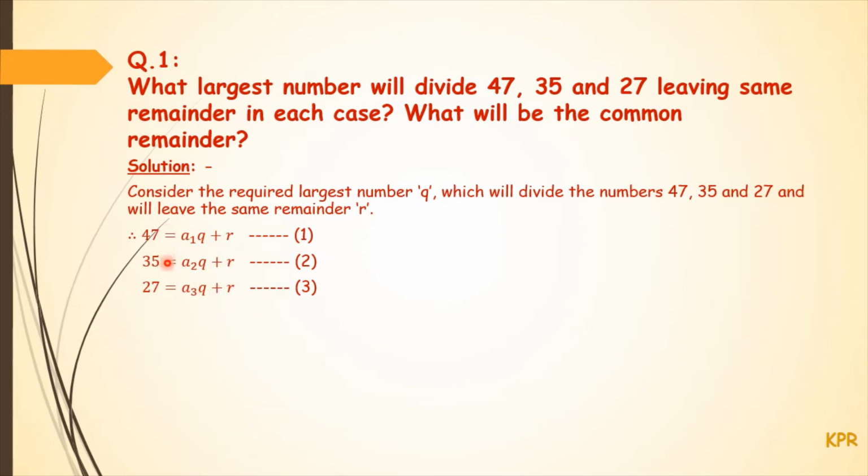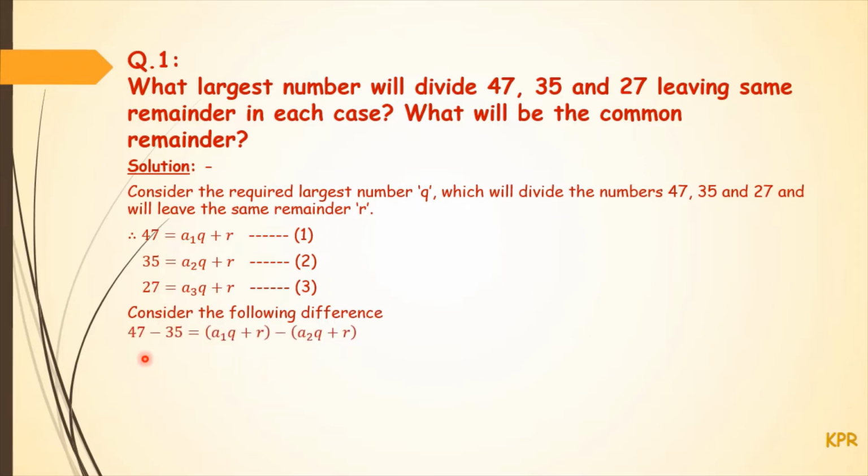As 47, 35 and 27 are different numbers, A1, A2 and A3 are different on the right hand sides. Now we will take the differences between 47 and 35, 35 and 27, and 47 and 27.